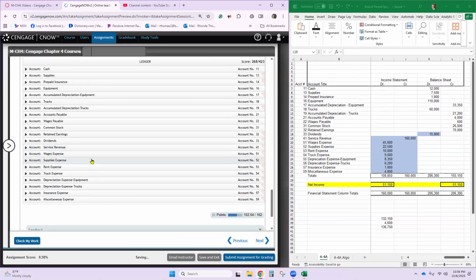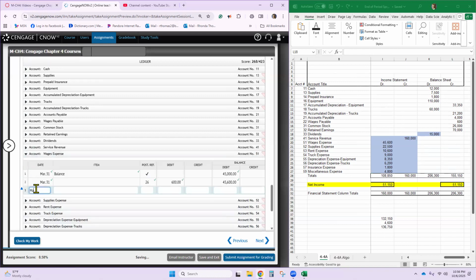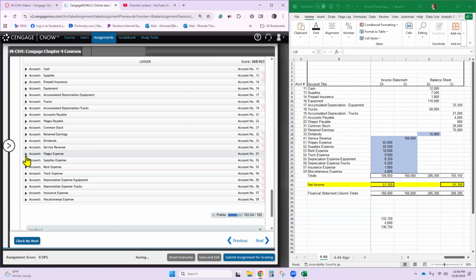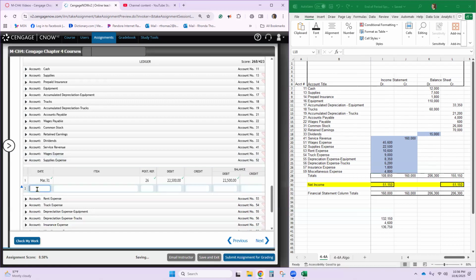A debit against a credit makes that balance 0. Close it. Okay. Now go to wages expense, put in the date, page 27, put a credit in for 45,600, put 0 in. Close it. Go to supplies expense. Put March 31st in. Page 27, we're going to credit 22,500, put a 0.